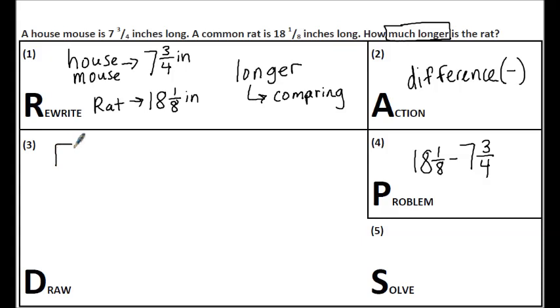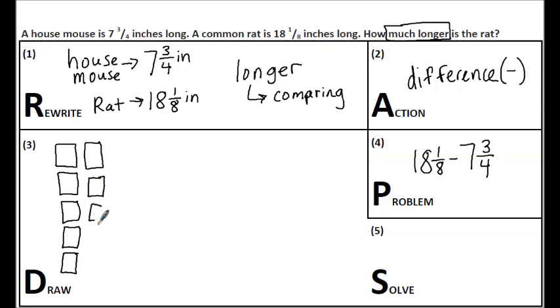Now, let's draw a picture so we can kind of imagine what's going on. And if you're having trouble with the actual fraction subtraction, then drawing a picture should definitely help. Now, I'm going to draw a bunch of boxes. And you could draw circles, you could draw a line, but I'm going to draw one box for each inch.